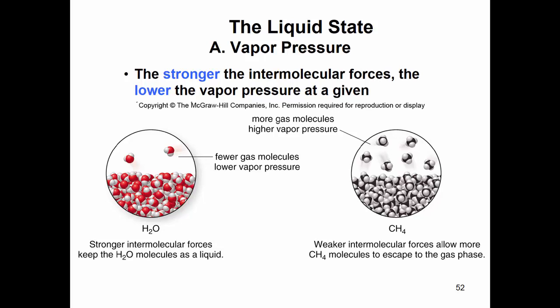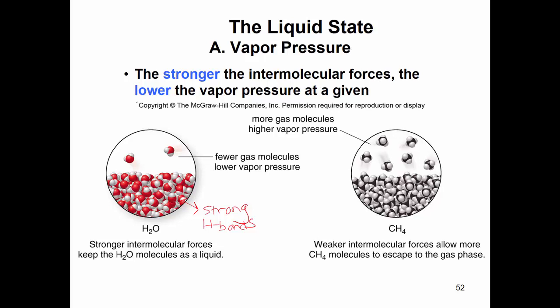If you have strong intermolecular forces, then water in its liquid form, those hydrogen bonds, those are the strongest intermolecular interactions, they're holding the water molecules in the liquid phase because this is strong. It doesn't want to break.